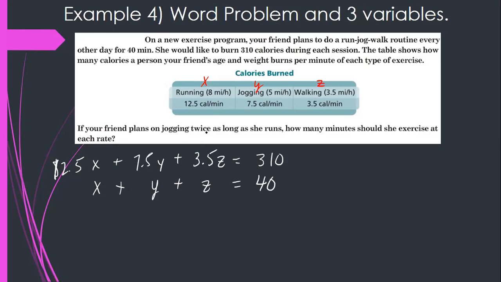And she's going to jog twice as long as she runs. So Y equals 2 times X. Does the system that we have make sense?